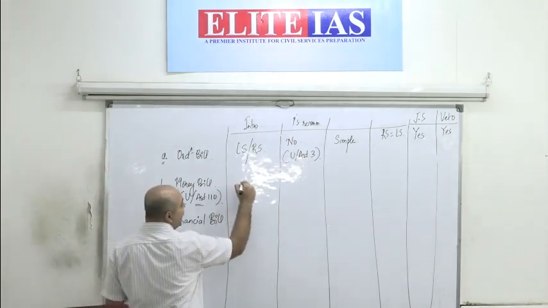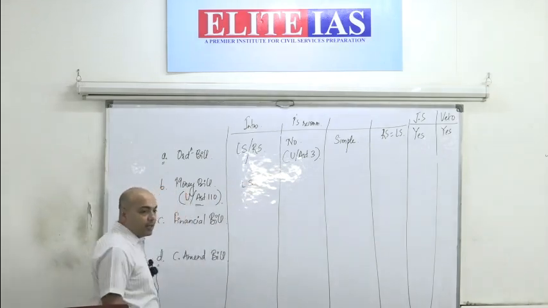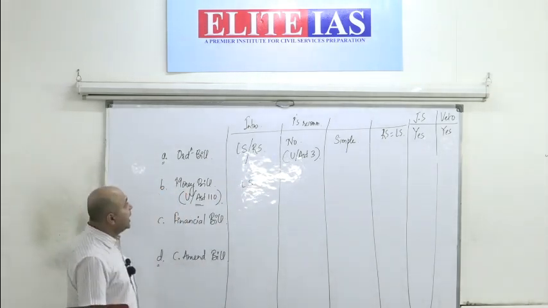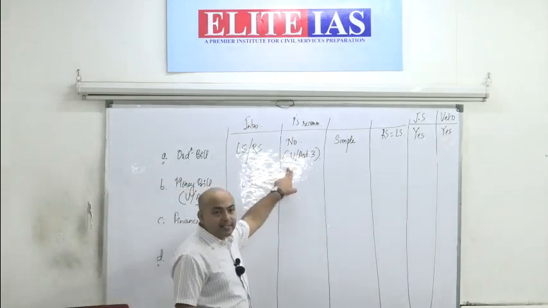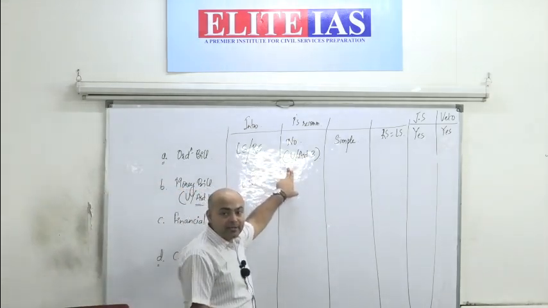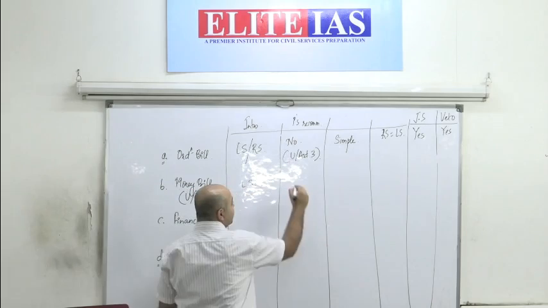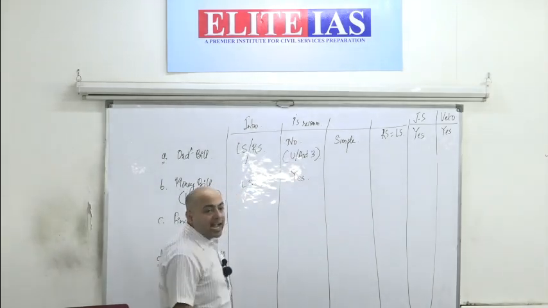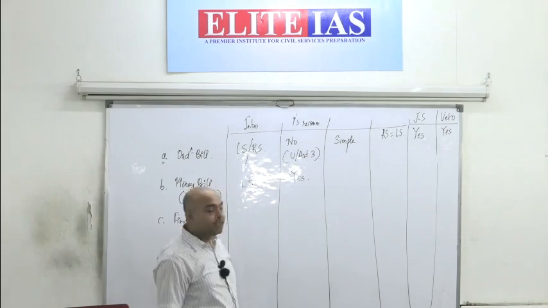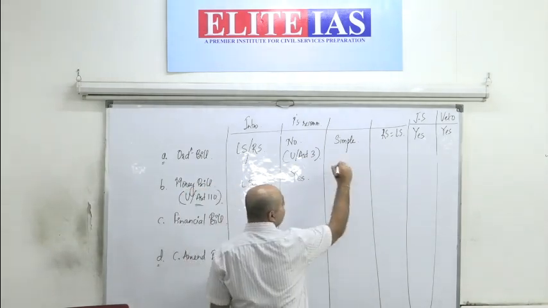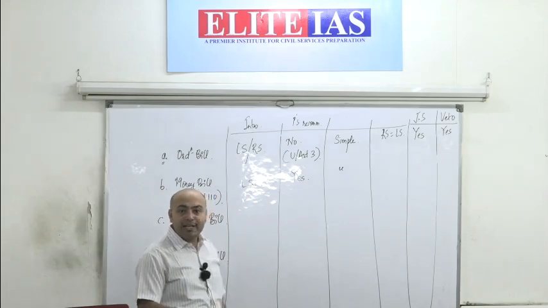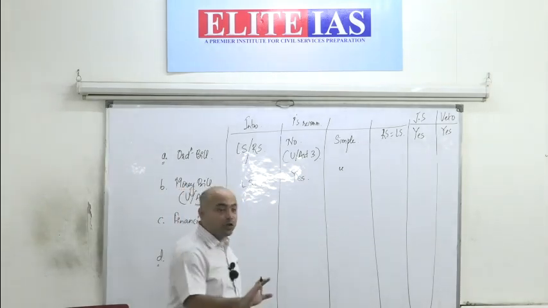No. It can only be introduced in the Lok Sabha, not in the Rajya Sabha. Does it require the President's prior recommendation for its introduction? Yes. What kind of majority is required? Simple. Do the Rajya Sabha and Lok Sabha enjoy equal legislative powers? No.